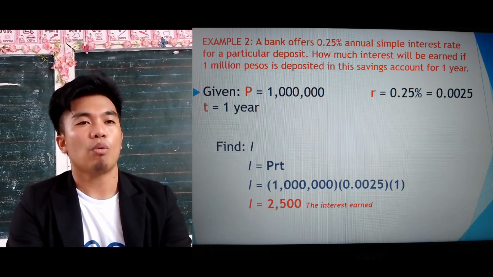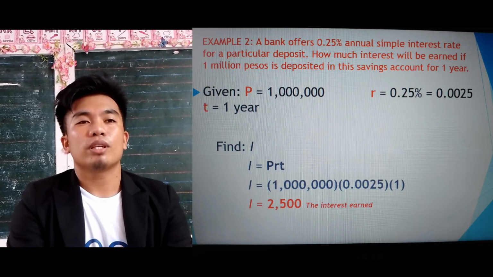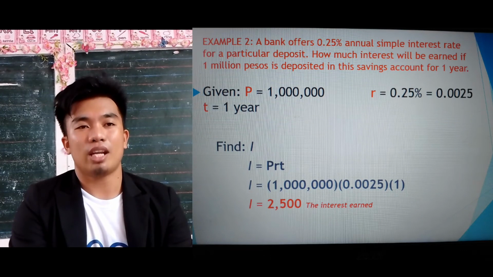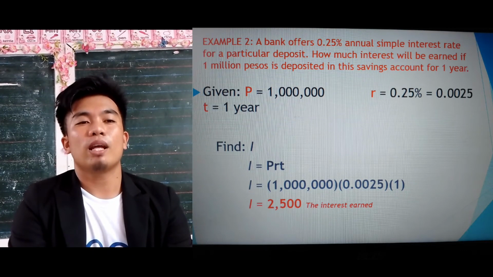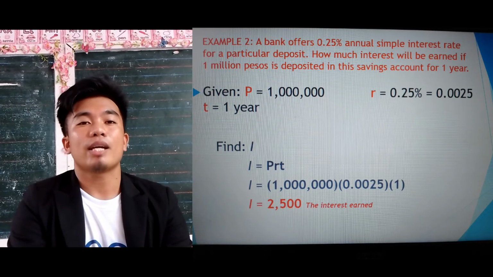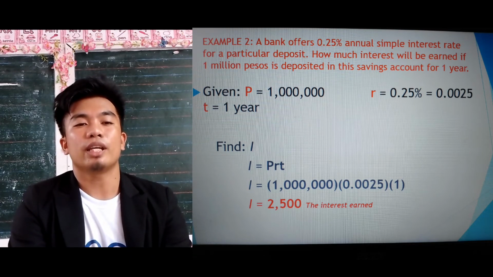Our given: the principal is 1 million, the time is 1 year, and our rate is 0.25%, which we convert into decimal, 0.0025. To find the interest we use the formula P times rate times time: 1 million times 0.0025 times 1 year, the total of 2,500. That is our interest earned in 1 year.